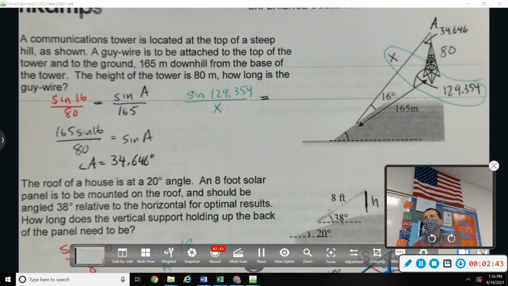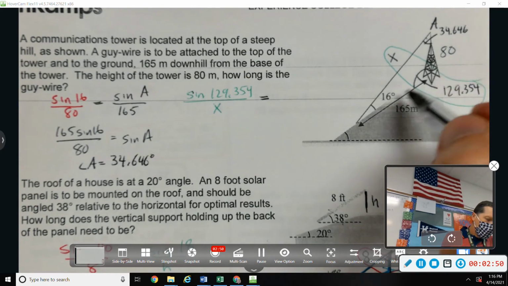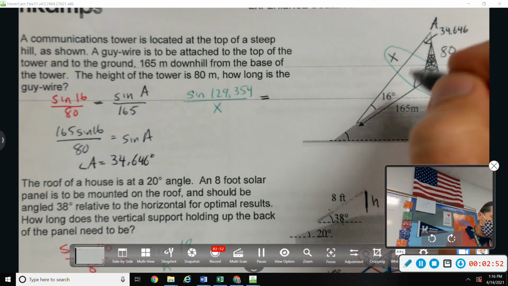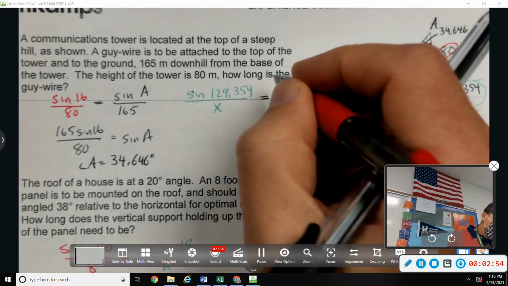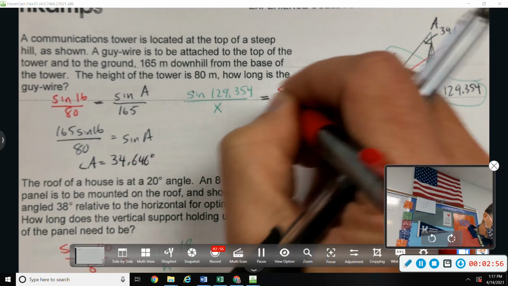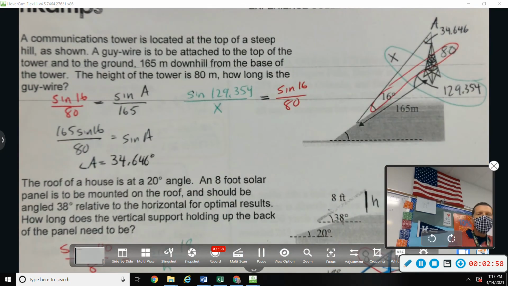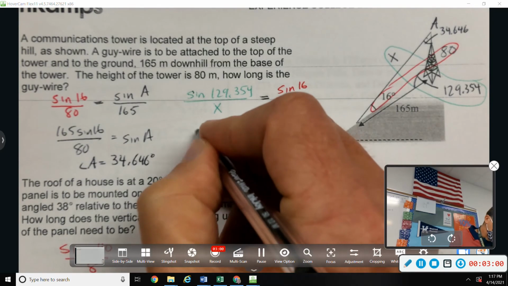And you remember that when you get close to the end, you can set up a bunch of different law of sines, but you probably want to use the most basic stuff, the stuff that was given. Sine of 16 over 80. A little bit of algebra.